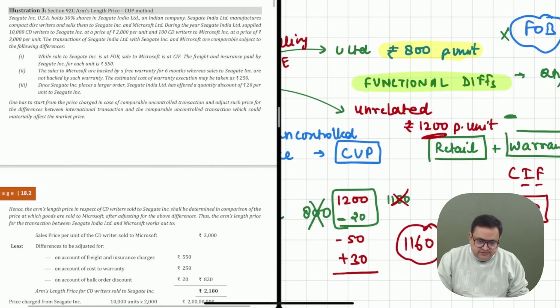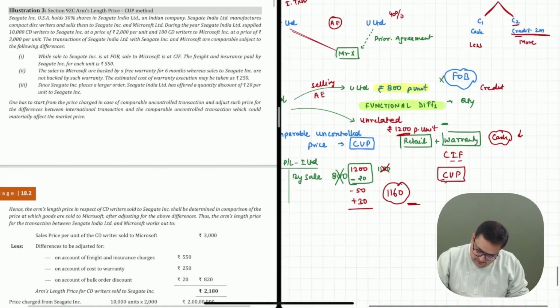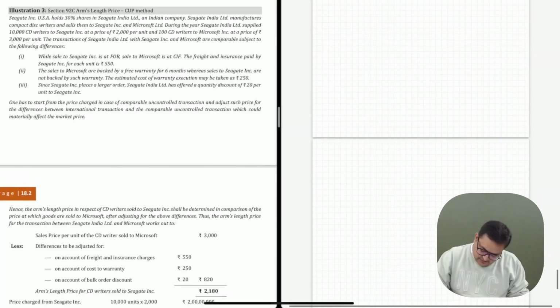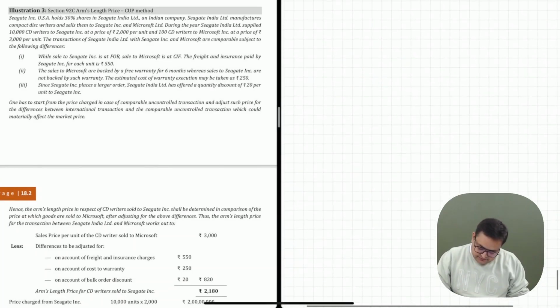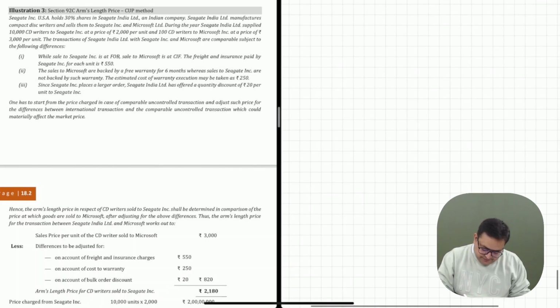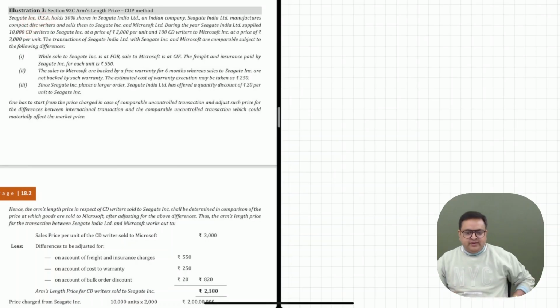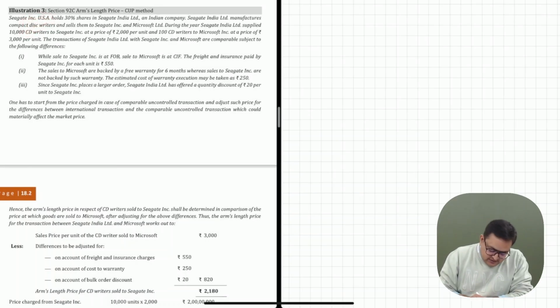Question number 3. Okay, readable, guys? So this question says, it's illustration number 3.